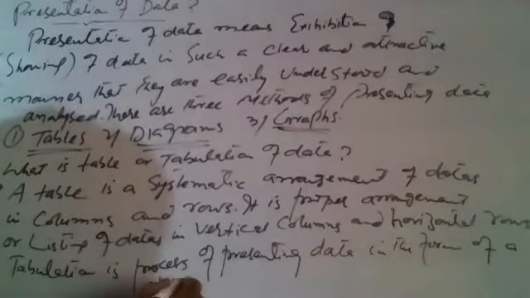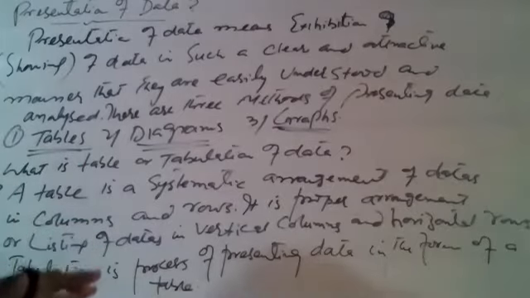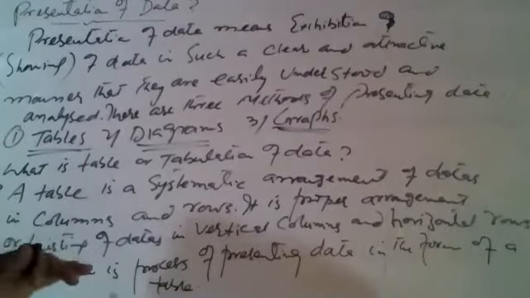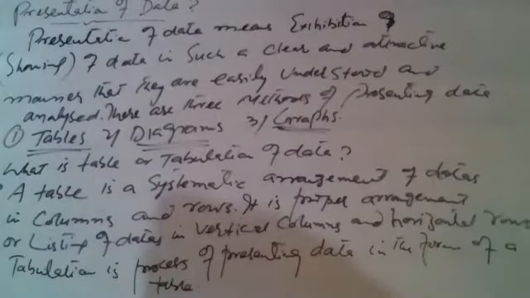These are two words, table and tabulation. Table means systematic arrangement of data in columns and rows. The proper arrangement or listing of data in vertical columns and horizontal rows is a table.